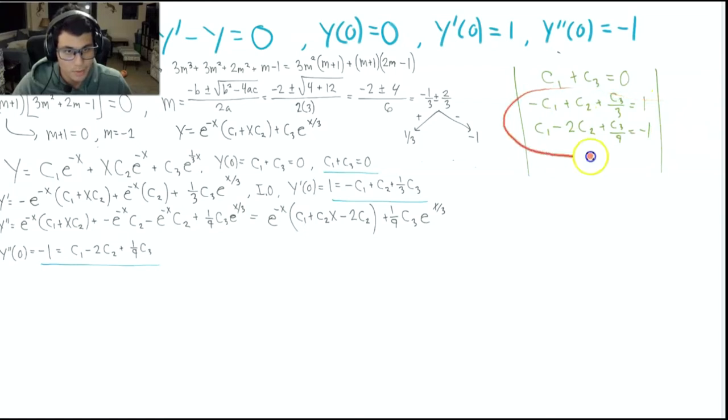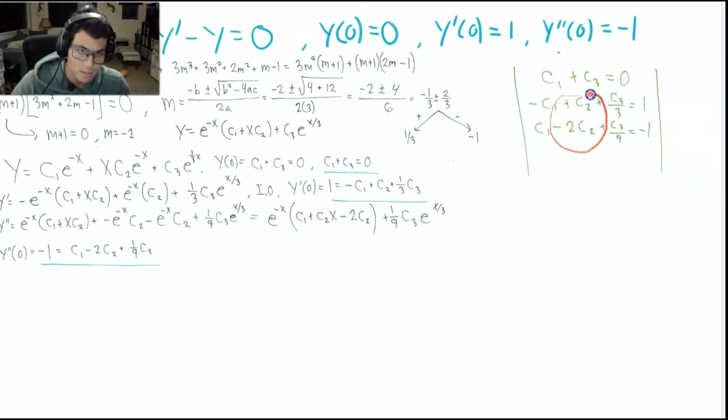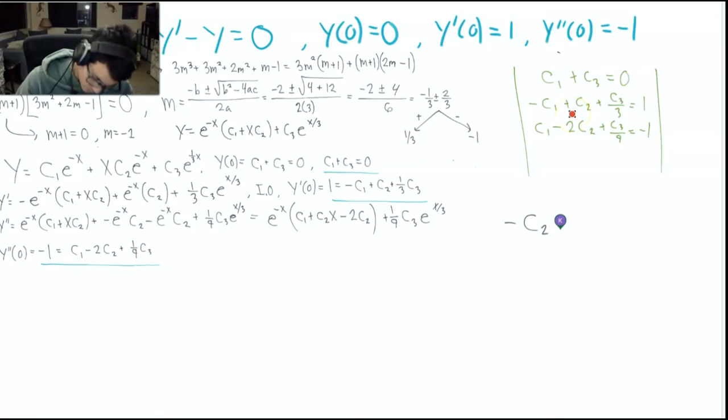So let's just focus on these 2 equations, and I want to get 2 equations with 2 unknowns instead of 3 equations with 3 unknowns, because that's a lot harder to solve. If I look at these 2 equations, I just add them together. This goes away. What does that produce? Well, these go away. This is added, so it just turns into negative C2 plus C3 times 1/3 plus 1/9.